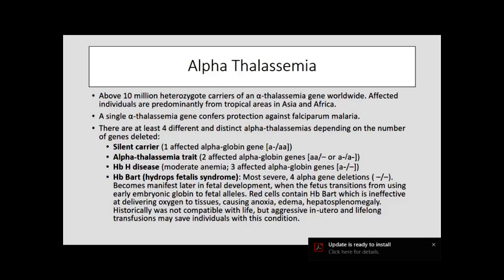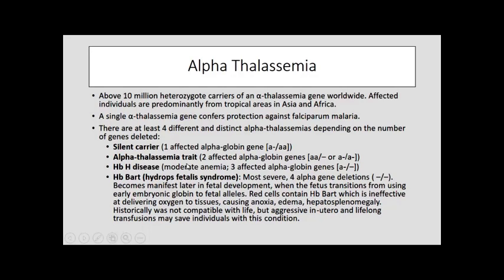Also, there is a change in the hemoglobin. There are some genes that code for the embryonic hemoglobin. These are working fine, but when there is a change from the embryonic to the fetal hemoglobin is when the disease starts manifesting. The red cells contain what is called hemoglobin Bart that normally is totally ineffective to deliver oxygen to the tissues. Okay, causing, of course, anoxia, edema, necrosis of the tissues, hepatosplenomegaly.